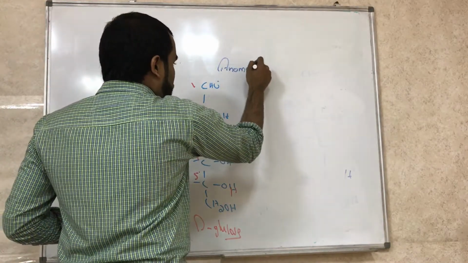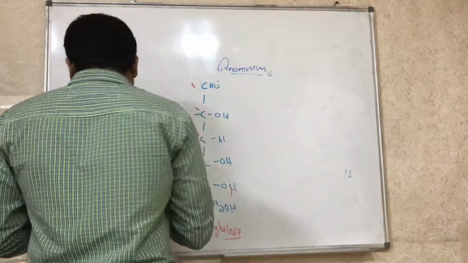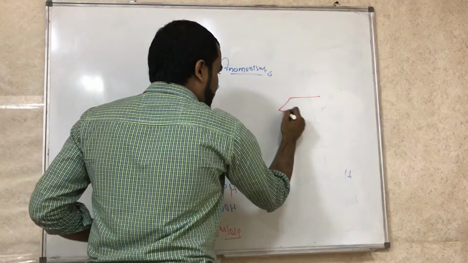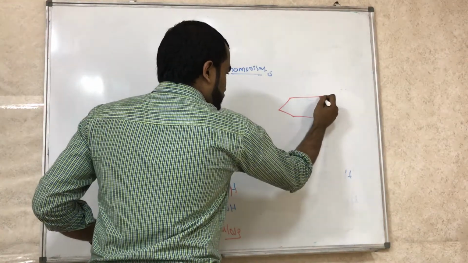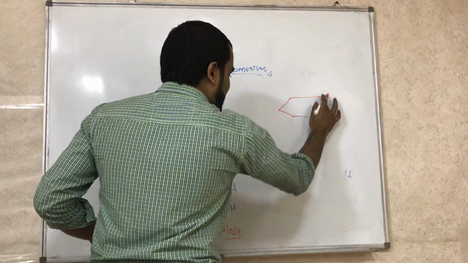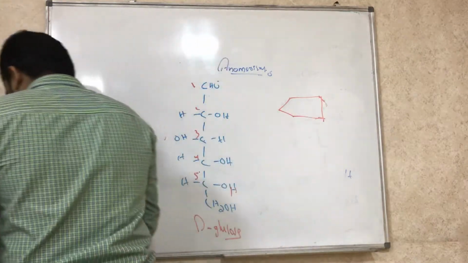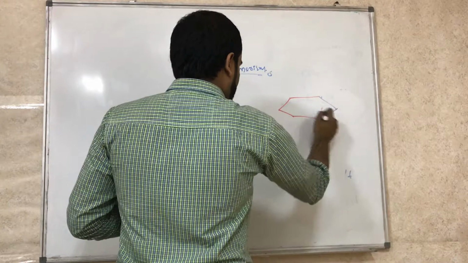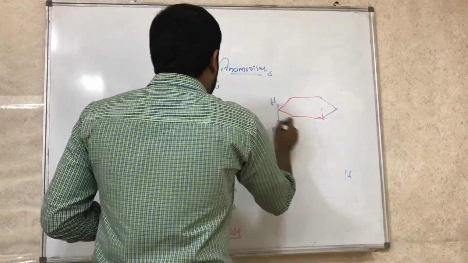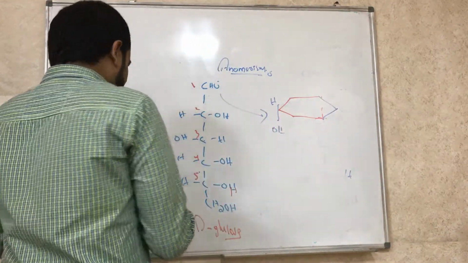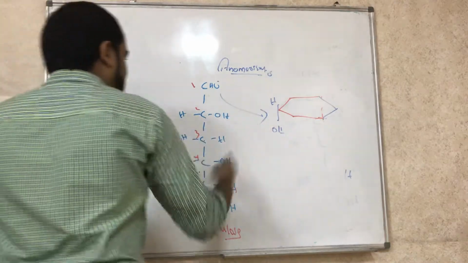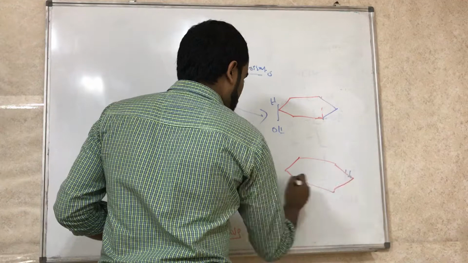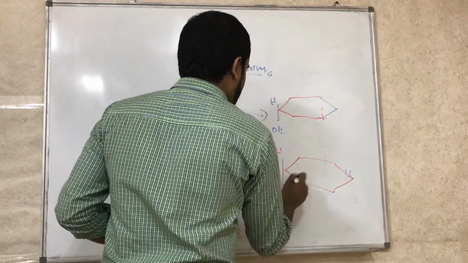If this structure forms a ring, a 6 carbon compound forms a ring, and here we have H, OH, and in another structure OH will be here and H will be here.